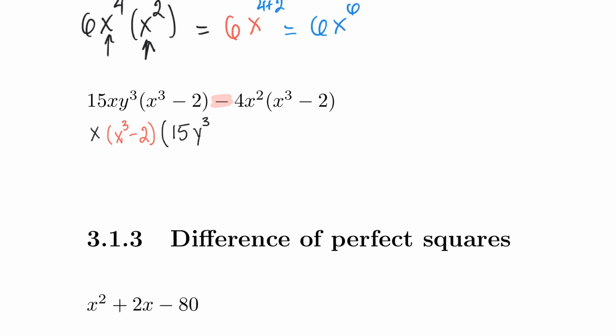Remember that we said that 15 cannot be taken as a common factor because it doesn't have anything in common with 4. So 15y cubed. And for the other term, we have minus 4x, right? Because here we have x squared and here we only have x. So it has to be x times x, we get x squared. And that is how we factorize this polynomial using the greatest common factor.